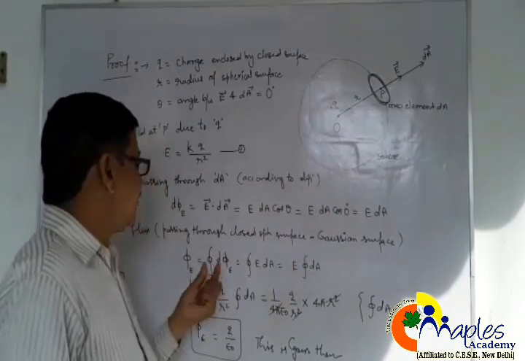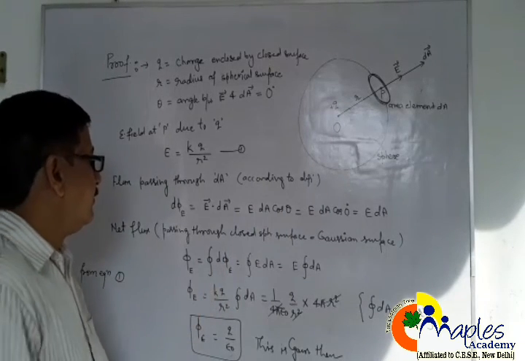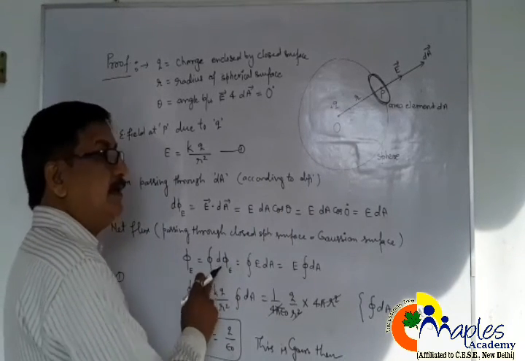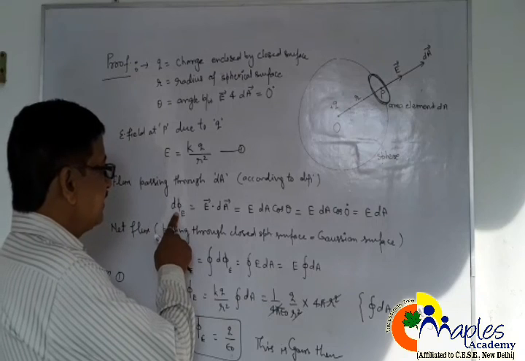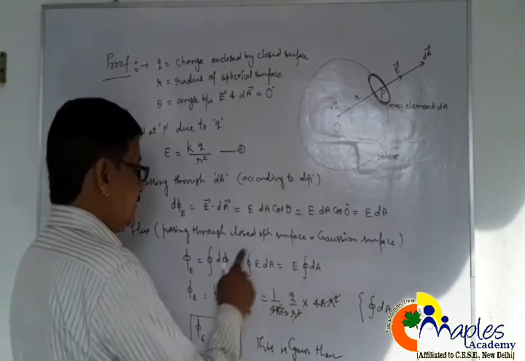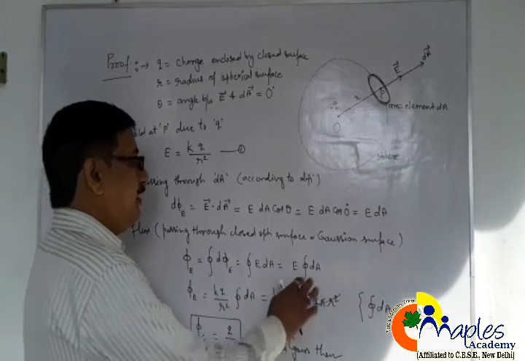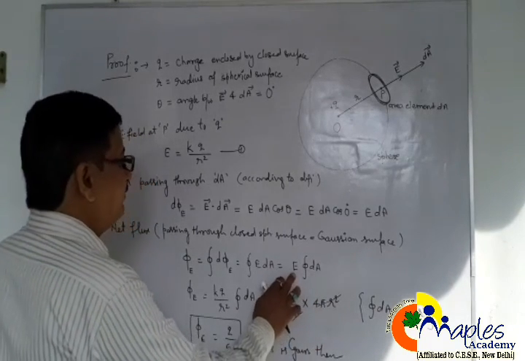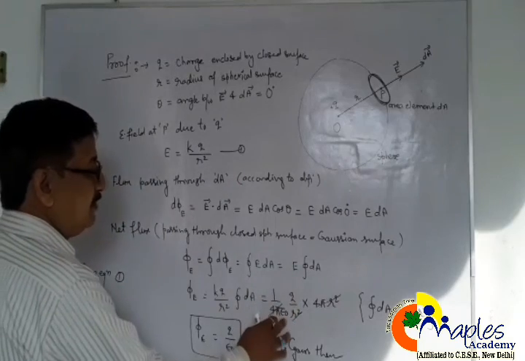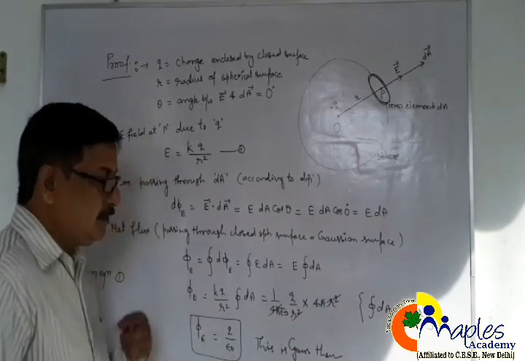Total flux passing through the Gaussian surface is given by integration, so phi equals integrating both sides, keeping the E outside. Integration dA means 4 pi r square, and we put the value of E from equation 1 here, and after solving, this is the Gauss theorem.